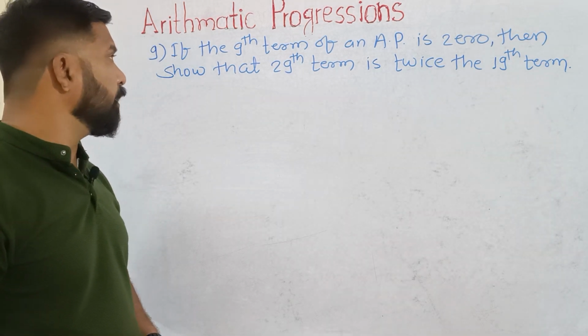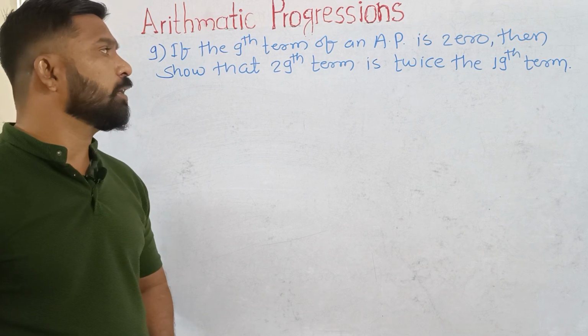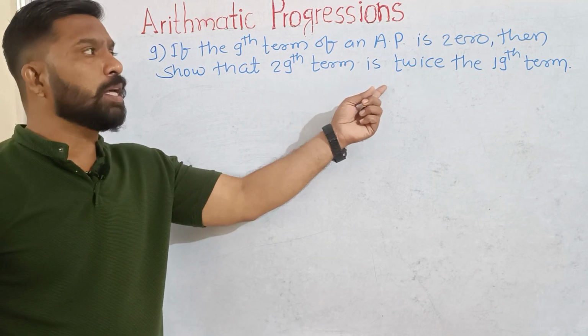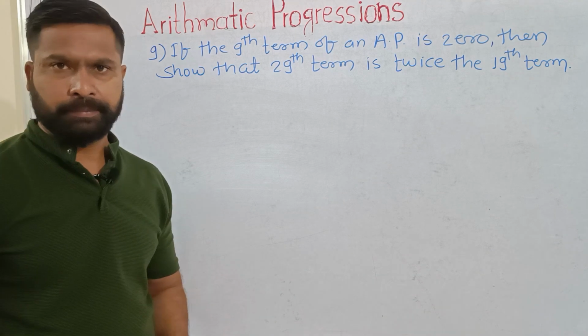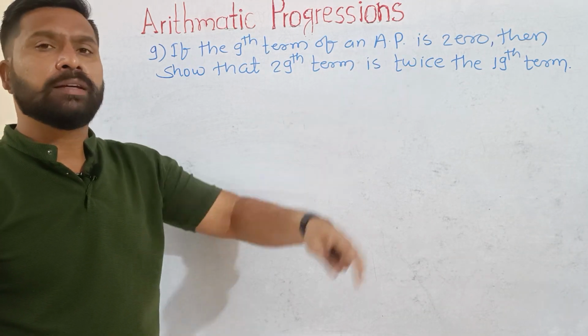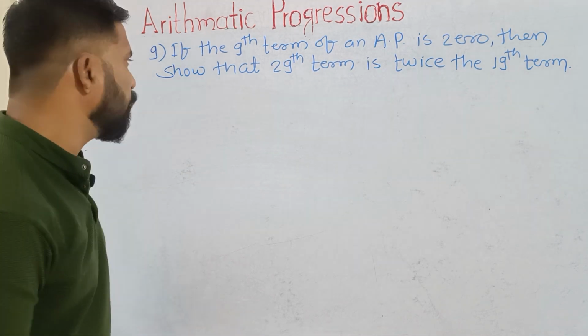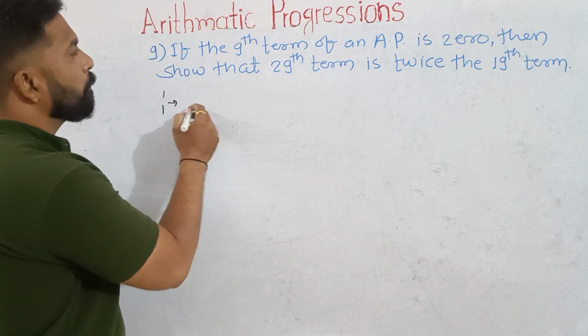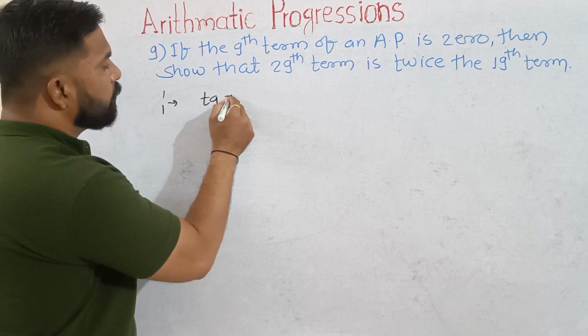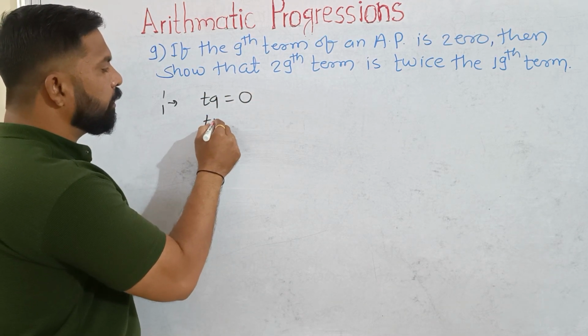So here what is given? If the 9th term of an AP is 0, then show that the 29th term is twice the 19th term. Whatever is given, we will just approach it and follow it. So here T9 is equal to 0. How can we find any term?